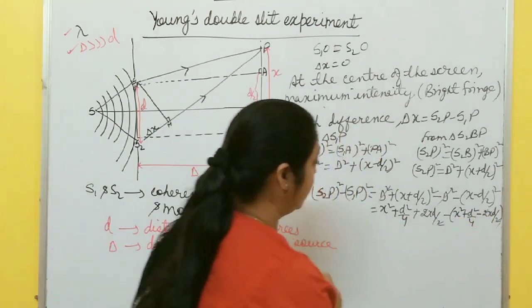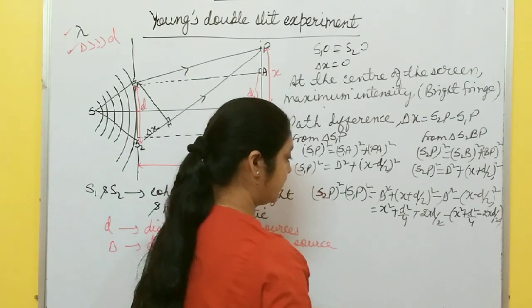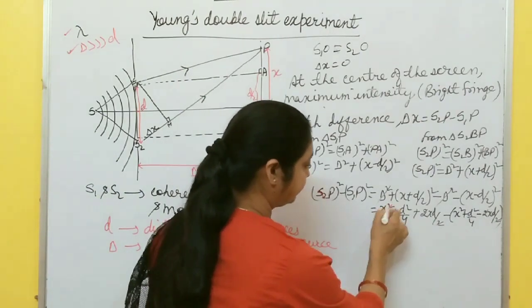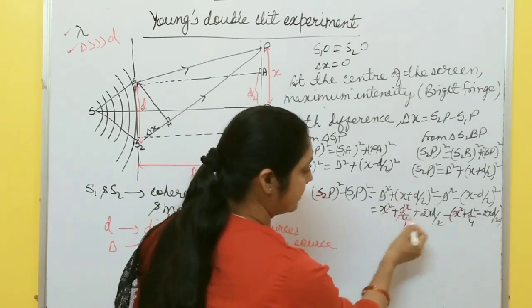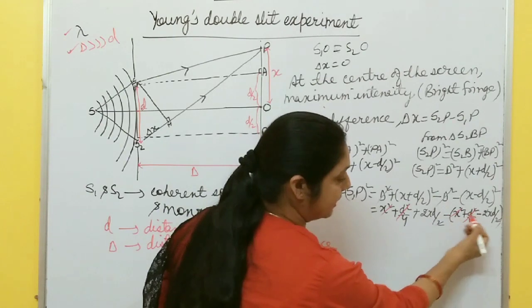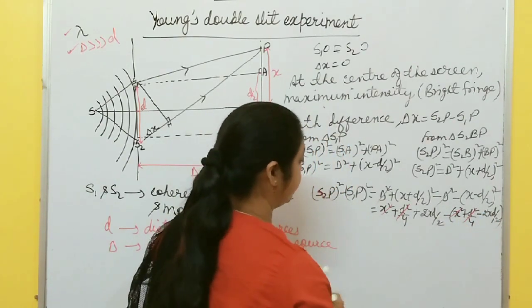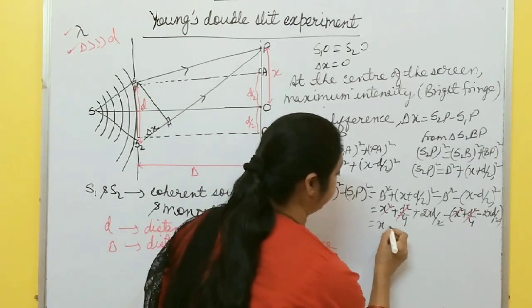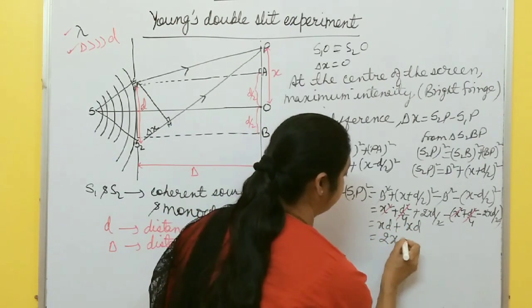When you open this one, X square minus X square, these two terms get cancelled, right? D square by 4 is minus, here plus, this is also cancelled. This one is XD, and again minus minus plus is XD. So you get XD plus XD, it means 2XD.